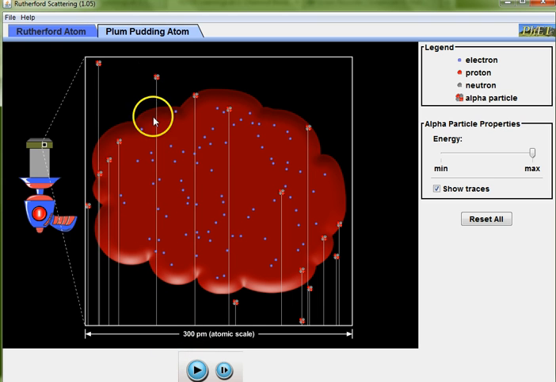As a result, these alpha particles are going to go straight through. They are not going to interact. They are not going to experience any positive repulsion from this area. Is that clear?